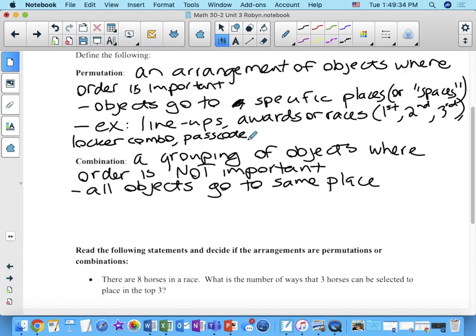A license plate or phone number would be along the same lines. The order that you put those numbers in is important. Okay, these are all examples of permutations.